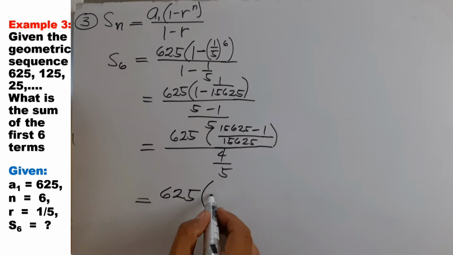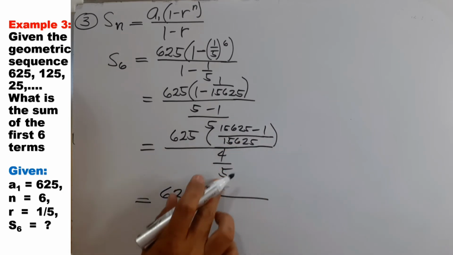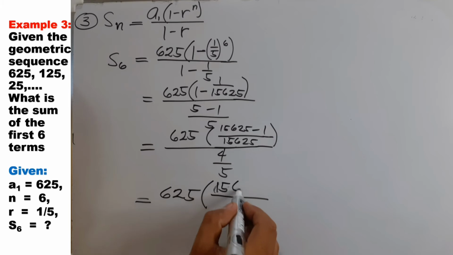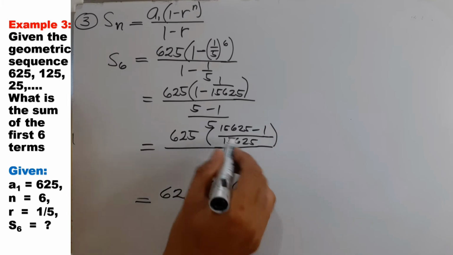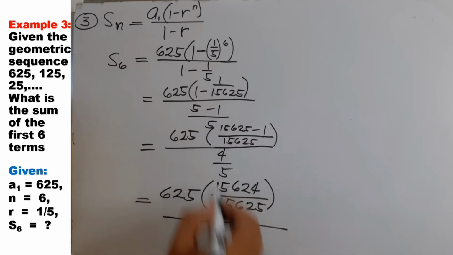To continue, 625 times 15,625 minus 1 is 15,624 all over 15,625, over 4/5.